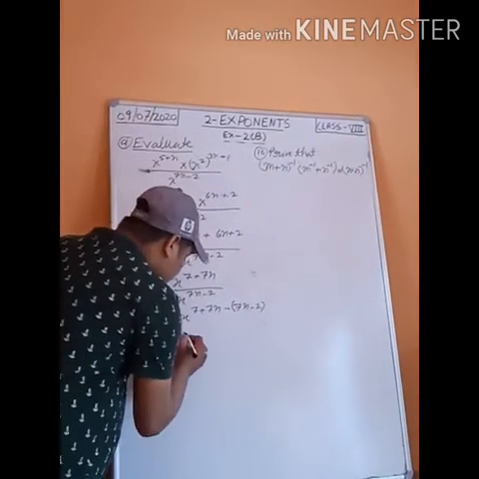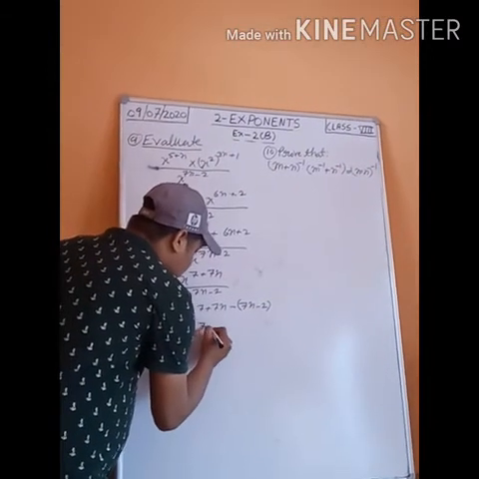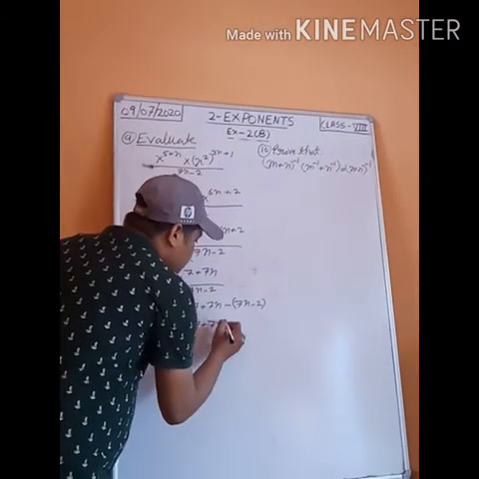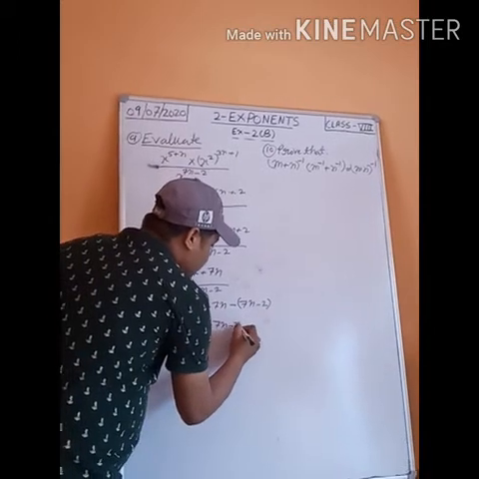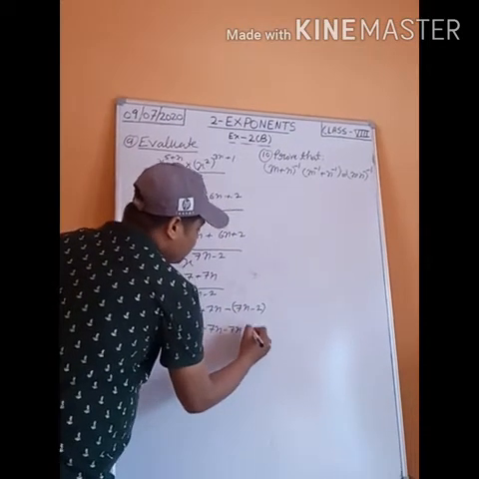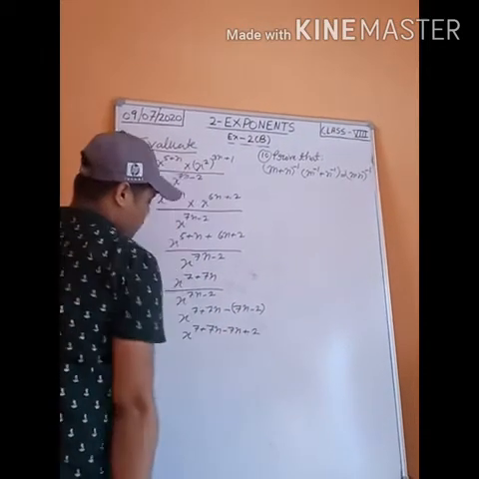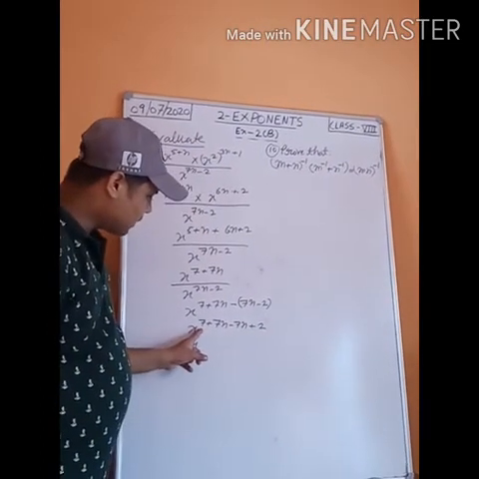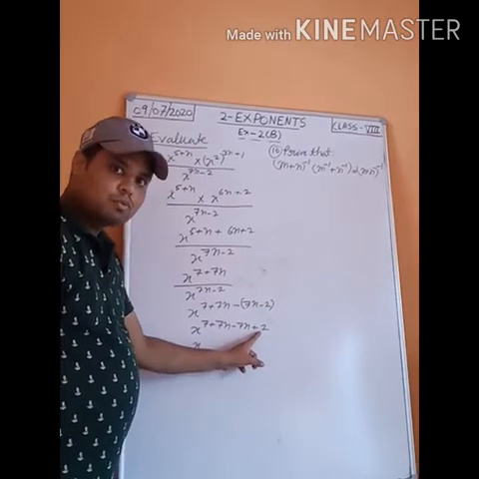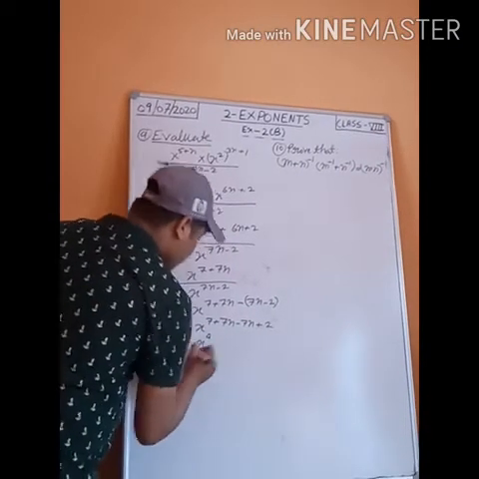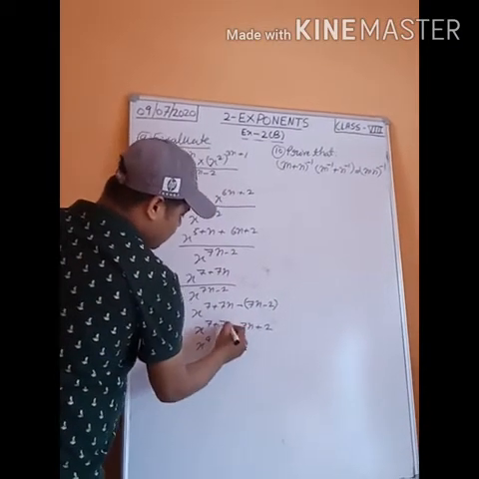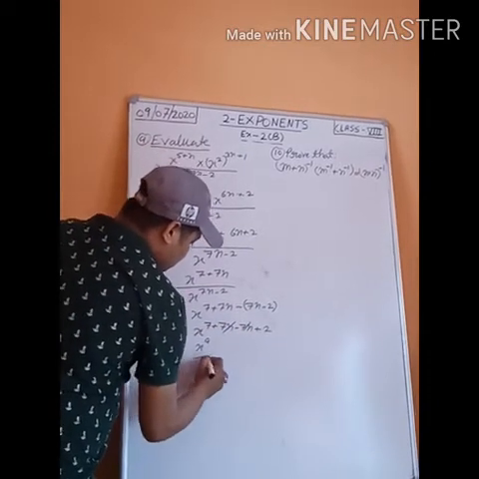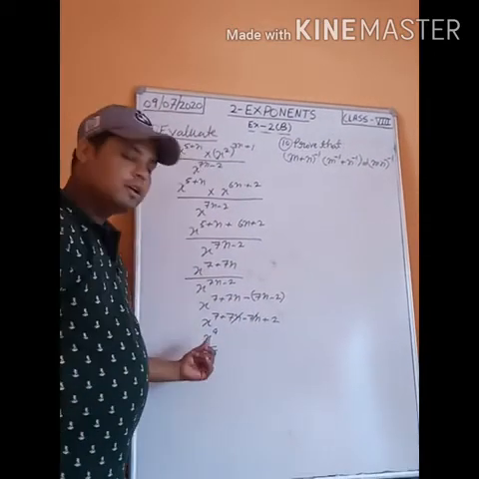So x raised to the power 7 plus 7n minus 7n plus 2. Now x raised to the power 7, any other number? Yes, this 2, so 7 plus 2, 9. 7n minus 7n cancel. So answer is x raised to the power 9.